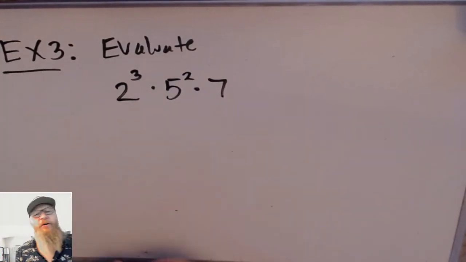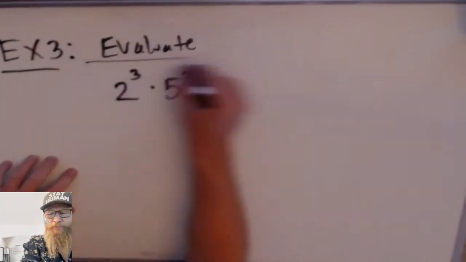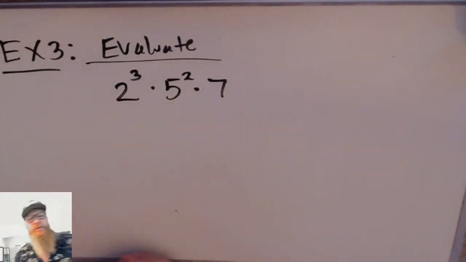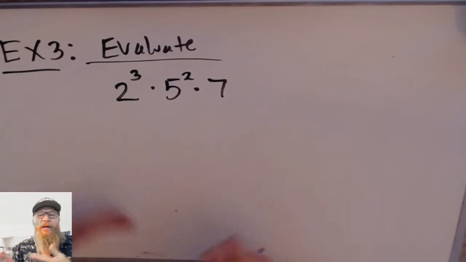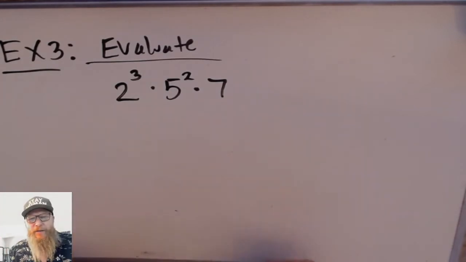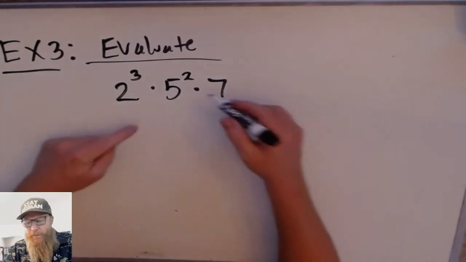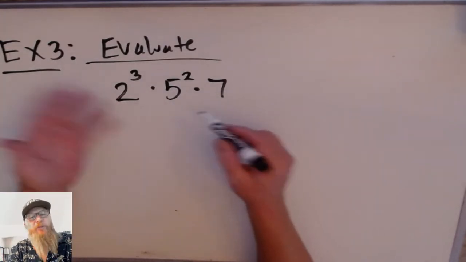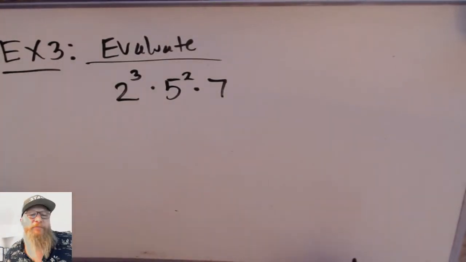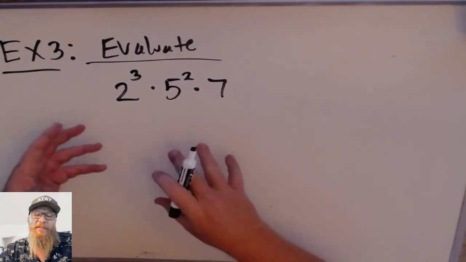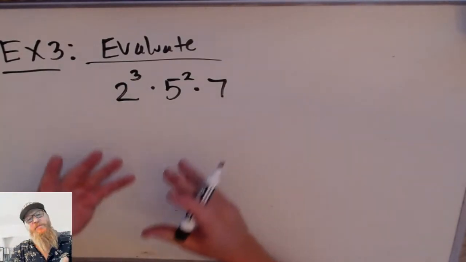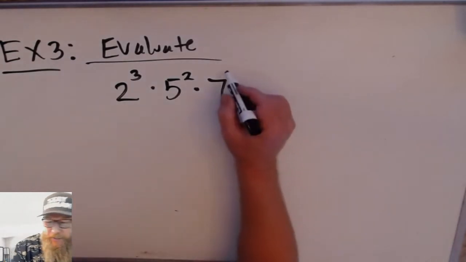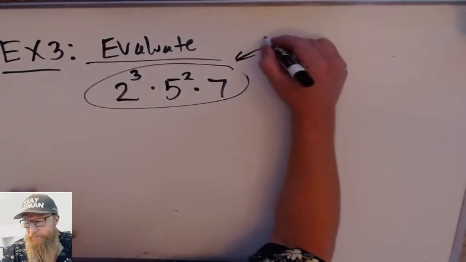Let's make it 2 to the third times 5 squared times 7. Just a little bit harder before we get started. Okay, so why am I doing it this way? This is what a prime factorization would look like when it's done. So this is an example of kind of unfactoring and taking it from the exponential form.